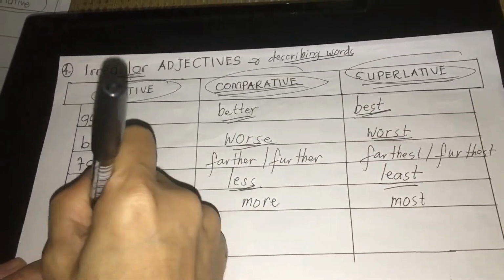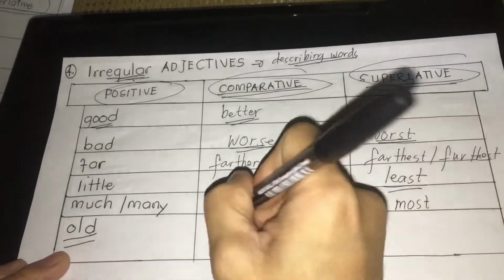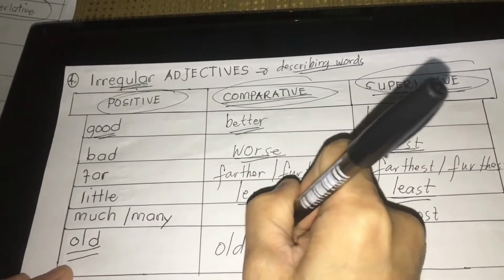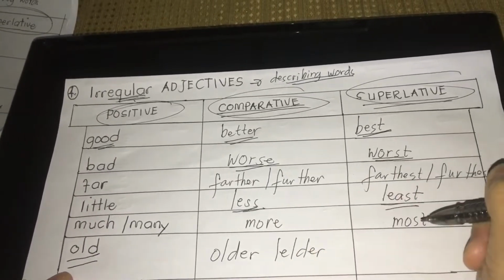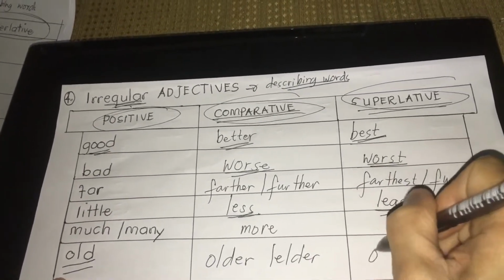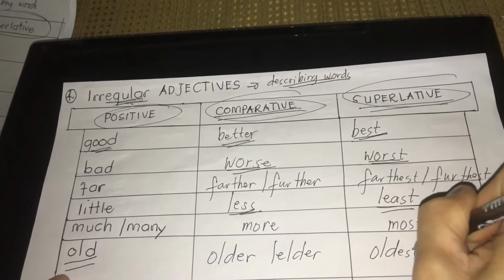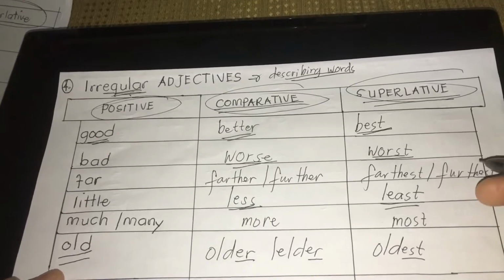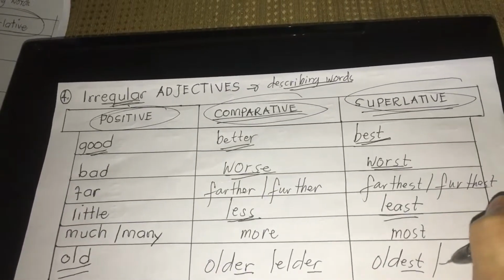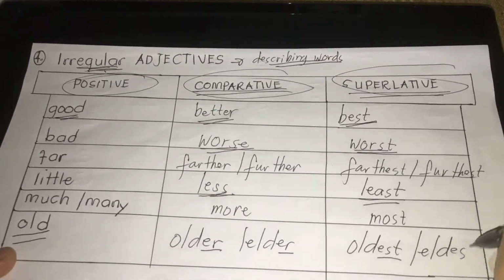Next, the word old. We can write older, or we can write also elder. Next, oldest, by applying est, or eldest, from elder, then eldest.